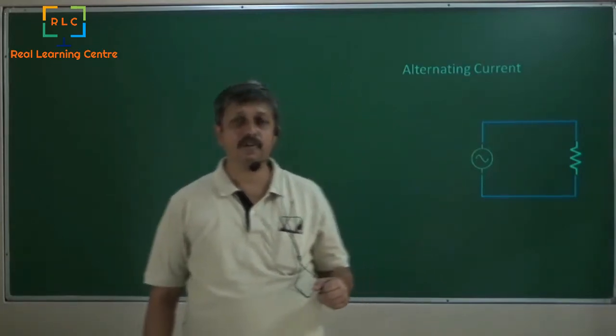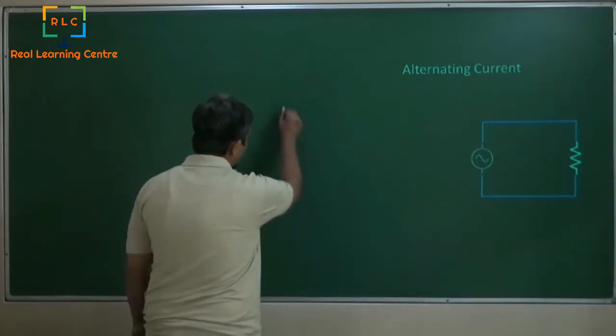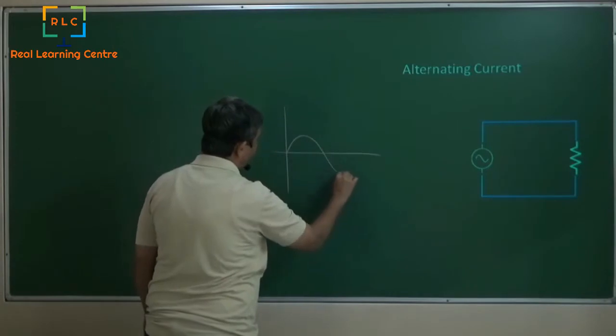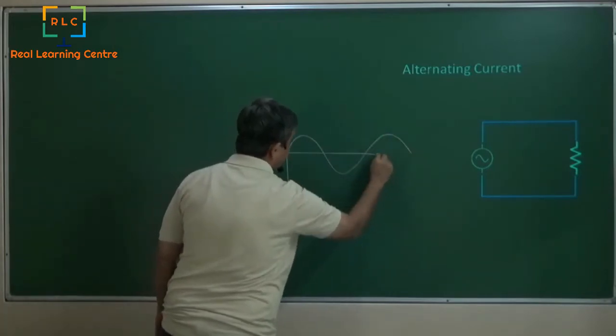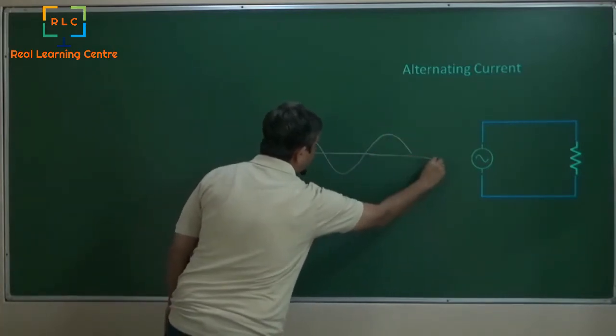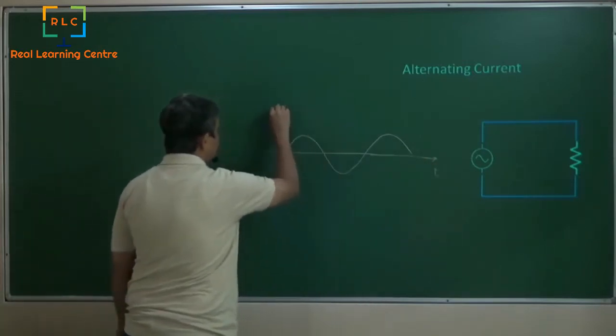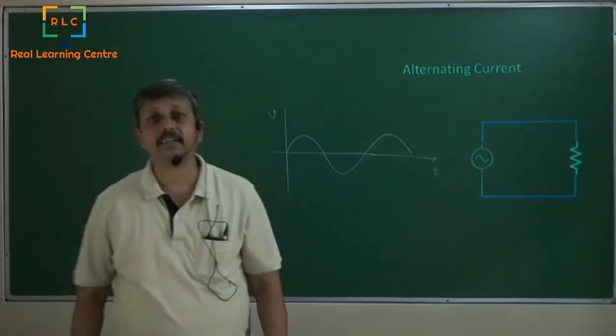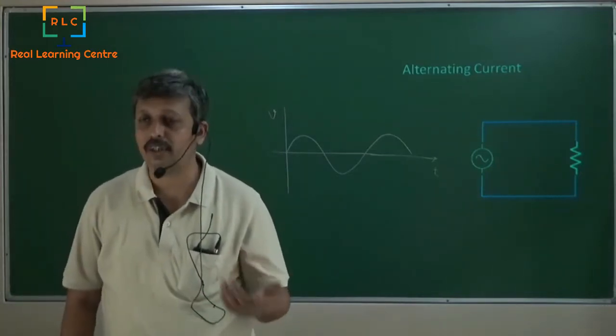We also found out that the variation is almost similar to what we call a sine wave, like this. That means the voltage or current varies in the same way as a sinusoidal function.